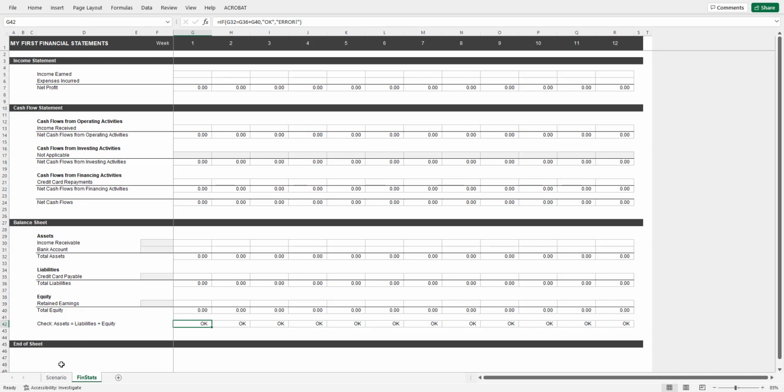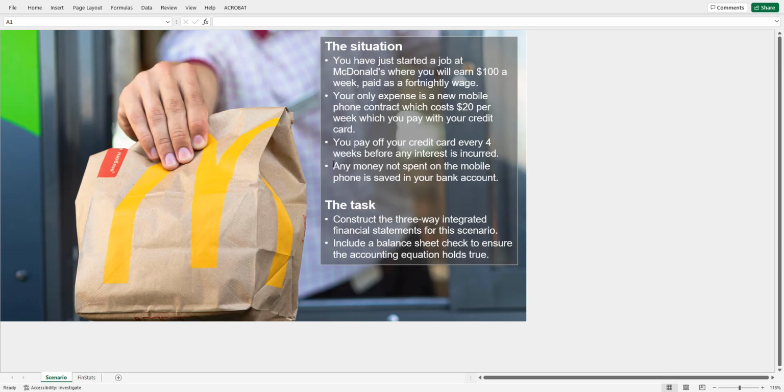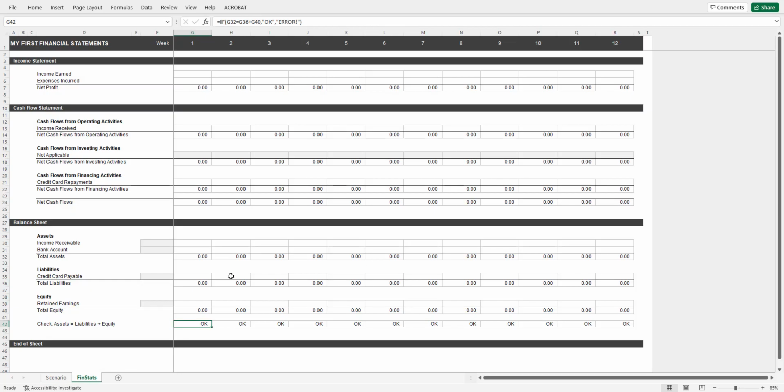Now, before we go and work through each of these assumptions, something we can do is build in a few of the linkages, because remember, these three financial statements are integrated in that they talk to each other and they affect each other. The first interaction that we can build in relates to the bank account and the net cash flows.